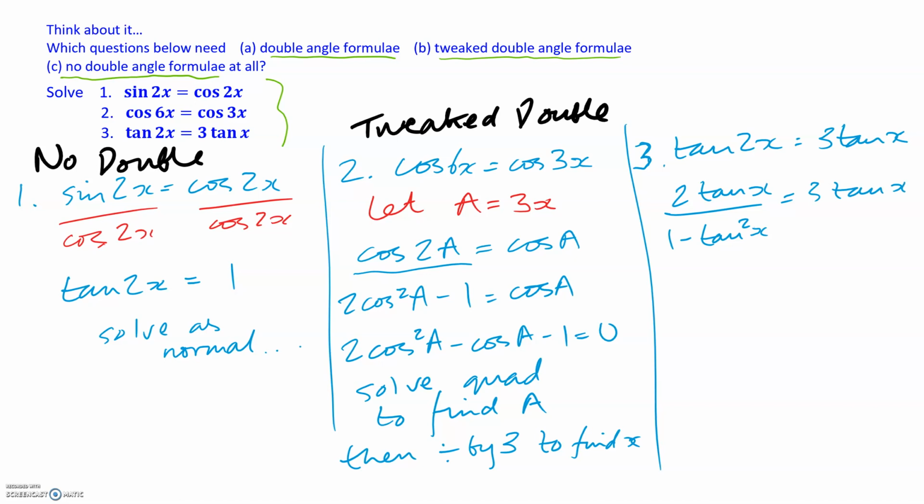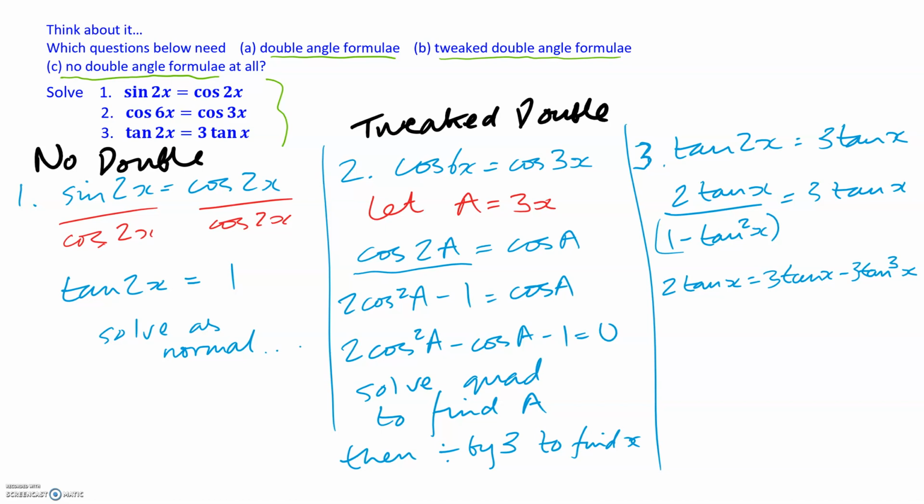And then just rearrange. So if we multiply both sides by this denominator here, you're going to get 2 tan x on the left, and that's going to equal 3 tan x minus 3 tan cubed x.